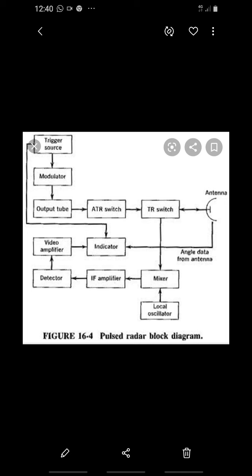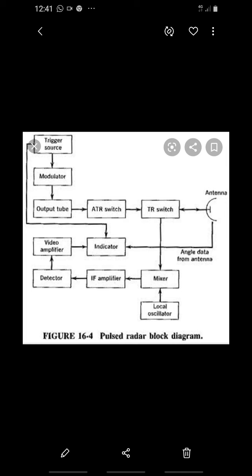Video amplifier. The output of the detector is amplified by the video amplifier to a specified level.